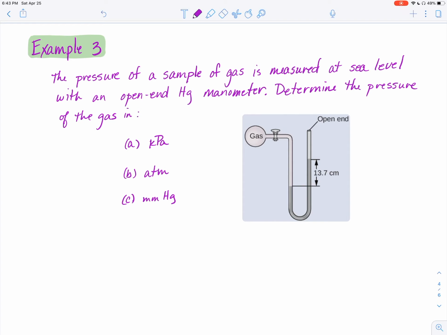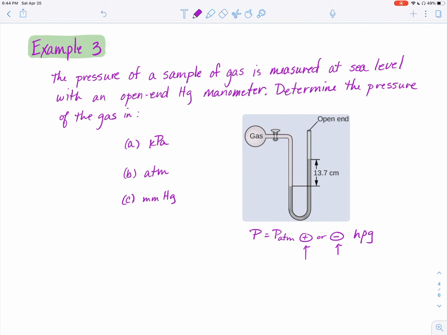Remember, when you do a measurement or a calculation, the pressure of your gas is equal to the pressure of the atmosphere, either plus or minus the height times the density times the gravity. And so you have to decide which one these end up being.